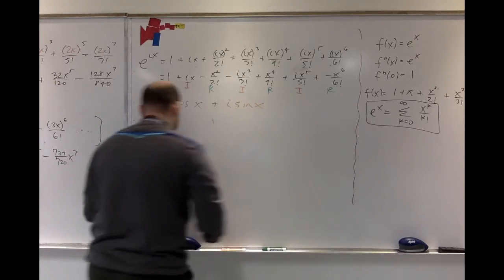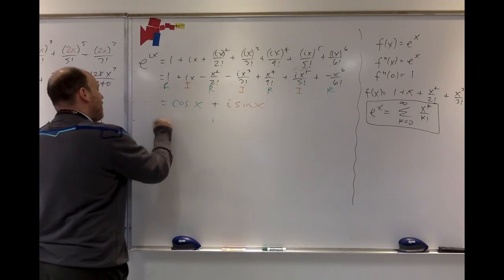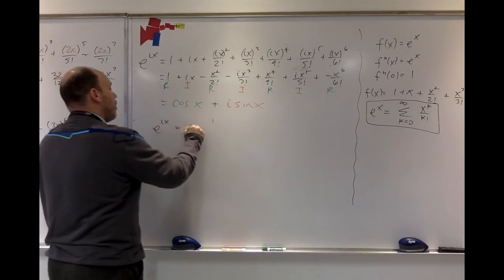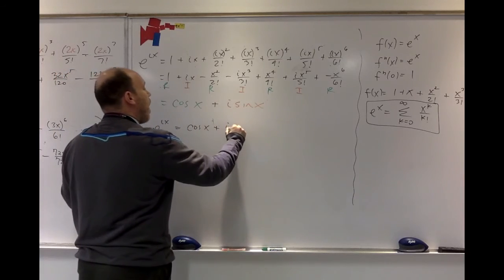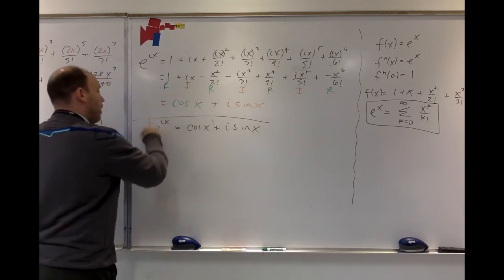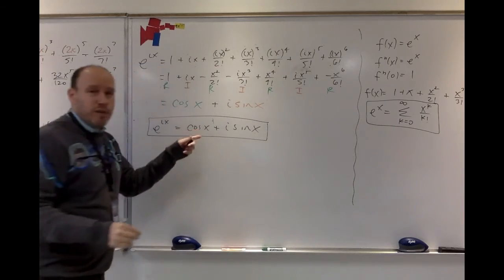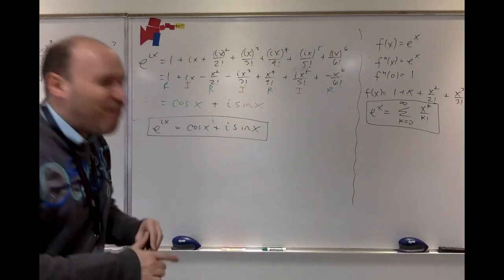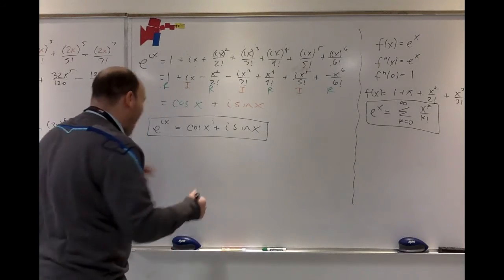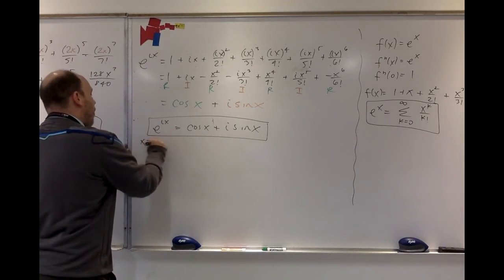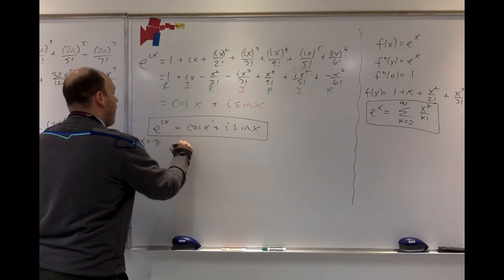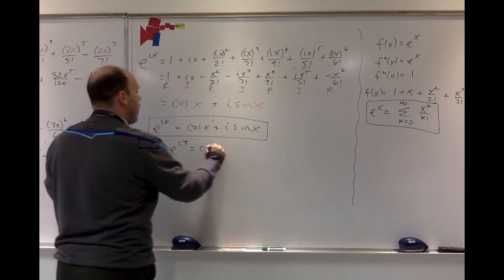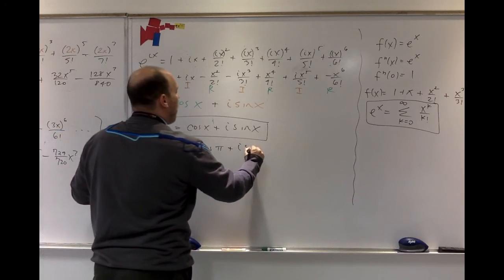And so you got this idea, this is the proof that e to the ix is equal to cosine of x plus i sine of x. So we are able to prove this. This is our proof. And then finally, if we let x equal pi, we have e to the i pi, which is equal to cosine of pi plus i sine of pi.